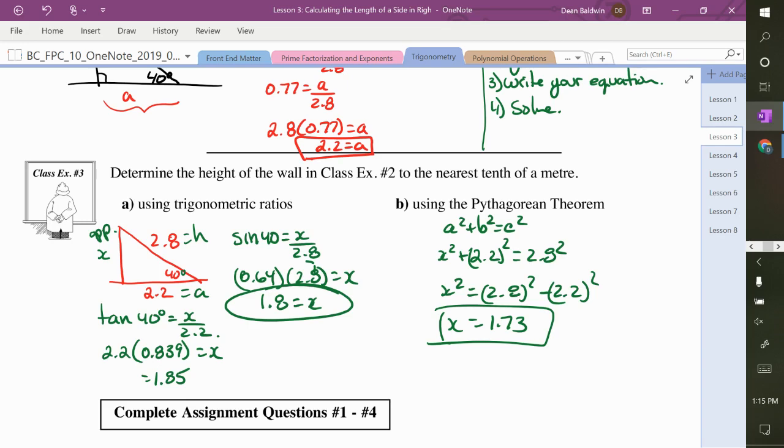All right. Why are they all different? Why are they close, but why are they different? They're all right, but why are they slightly different? Because they're using different sides of the triangle. Yes and no. These two are closer because this was rounded off at this point.